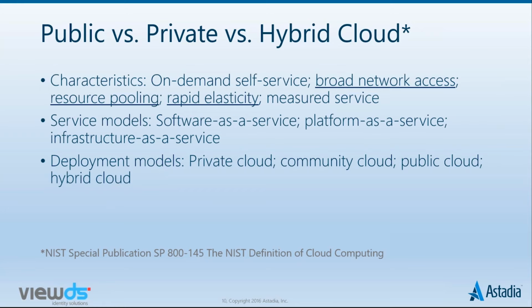Along with that, the NIST document also describes four primary deployment models. Private cloud is cloud computing delivered on resources dedicated to a particular enterprise. A community cloud is like a private cloud, but it's shared amongst a small community of cooperating enterprises.